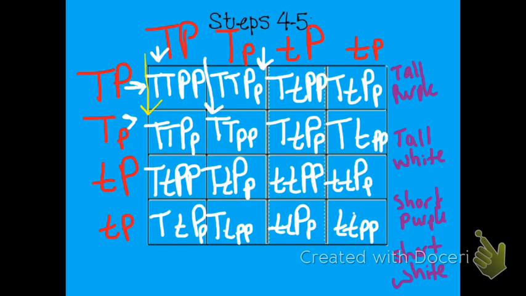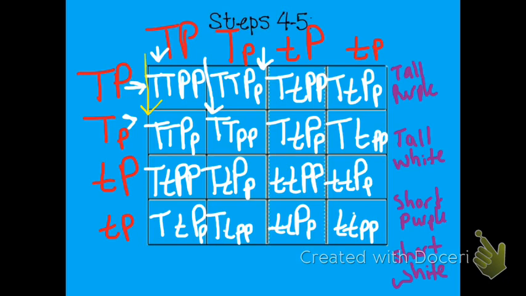Let's figure out exactly what we're looking for in our Punnett square when we're trying to figure out how many of each of these we're going to see. Remember that our phenotype is determined by our genotype, and our genotype is those letters inside of our Punnett square. For tall and purple, we know that tall is dominant and purple is dominant also. If it's a dominant trait, all we need is just one capital letter for that trait to win.